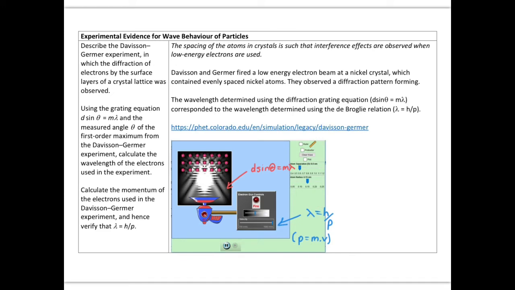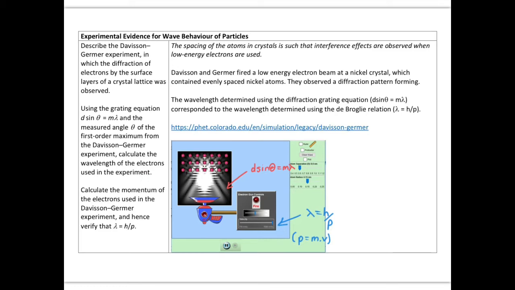And voila, lo and behold, they found that both these techniques gave the same answer. So this was really, really strong evidence to support the hypothesis that electrons were behaving like waves.